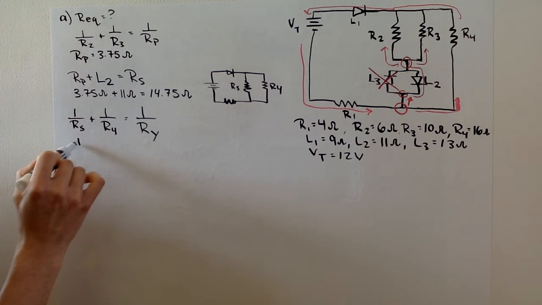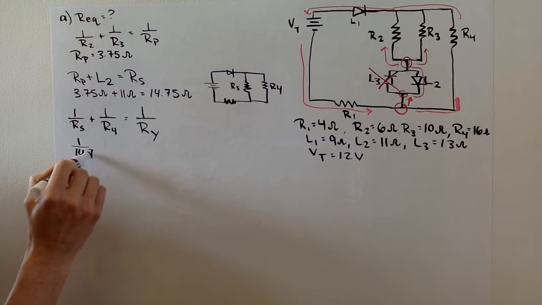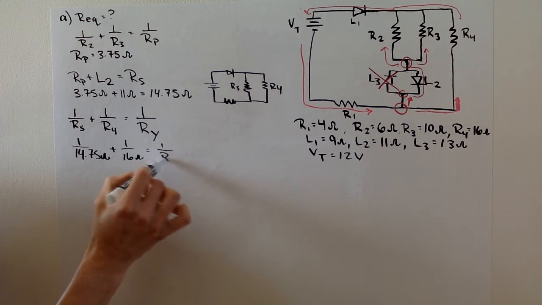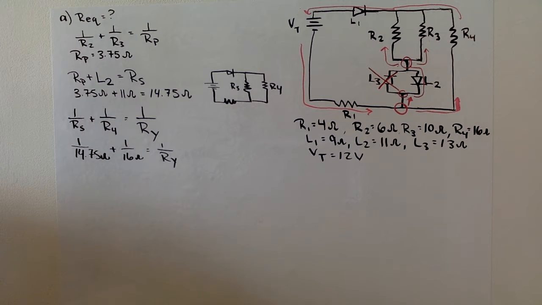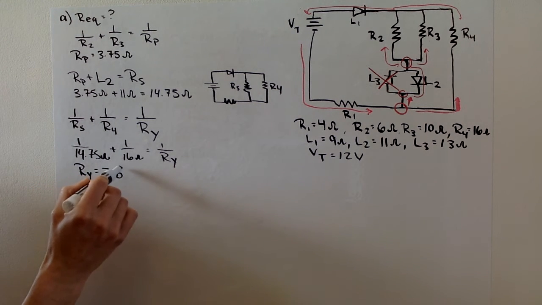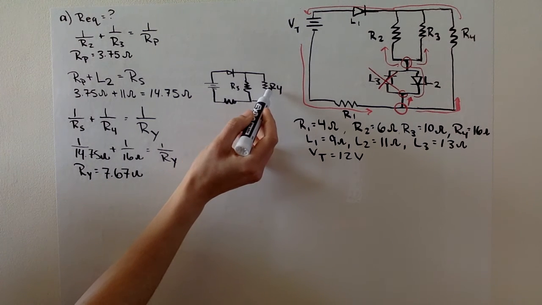RS was 14.75, plus 1 over R4, which is 16, will give me 1 over RY, and then we take the inverse of that: 1 over 14.75 plus 1 over 16, and take the inverse of that. That gives me RY as being 7.67 ohms.